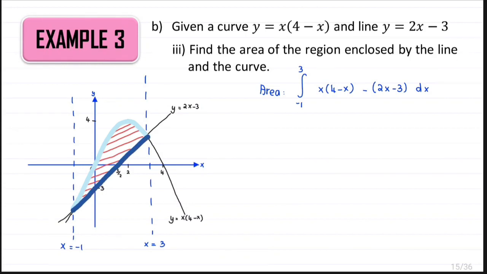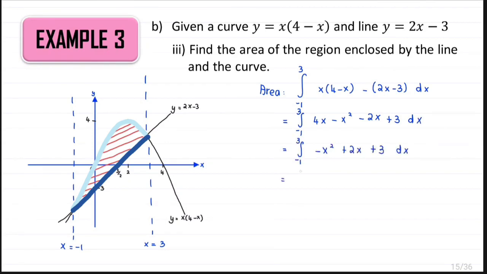So quadratic minus linear. Then we simplify. We get 4x minus x squared minus 2x plus 3. Simplify again, we get negative x squared plus 2x plus 3.